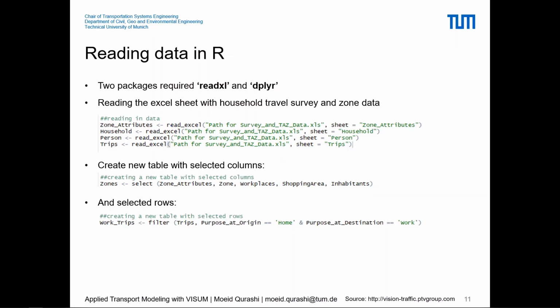And then the next thing is we'll create a simple new table for the zone attributes. To create a new table, we'll simply select from the zone attributes these four columns. So let's see this in the R file.